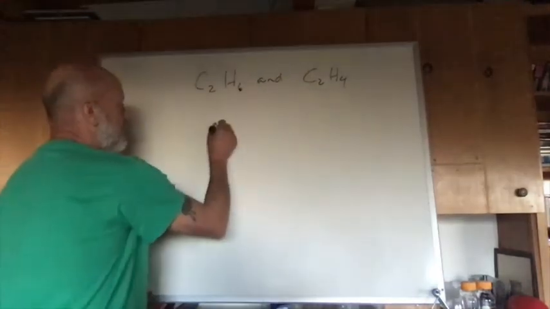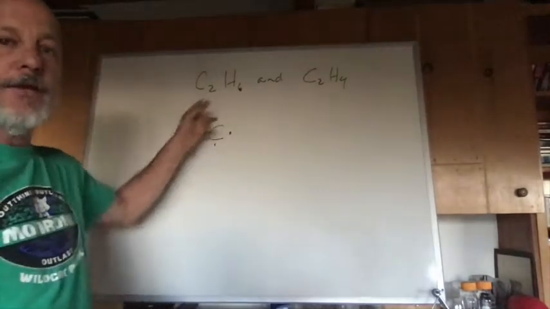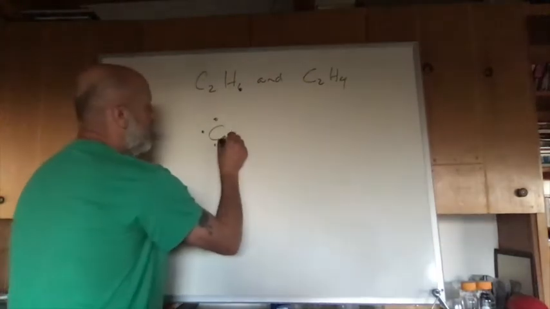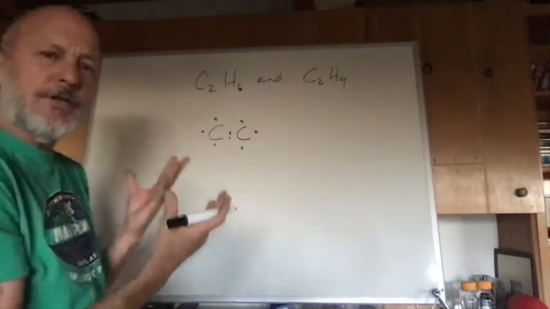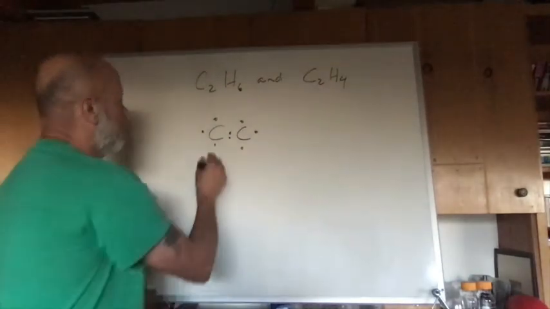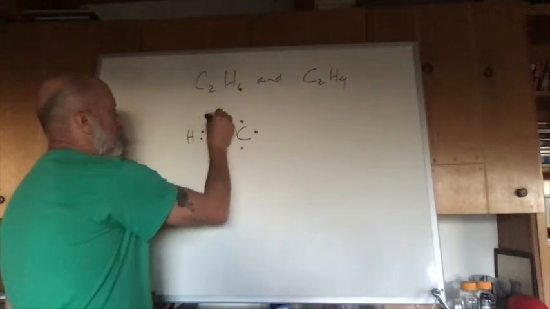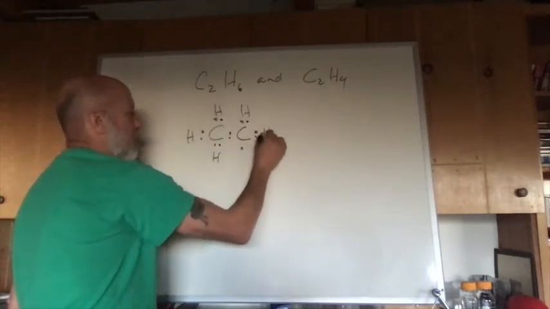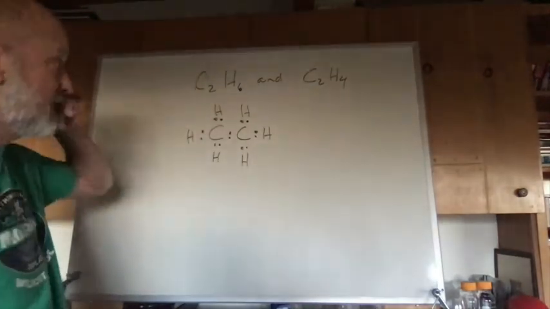If I look at the first one, of course, the carbons are in the center. Why? Because, as from the last video, the carbons can make 4 bonds. So connect the 2 carbons together. Hydrogens are always on the outside because they only can make 1 bond. Bring in the 6, 3 on each carbon. And I have my ethane molecule like this.